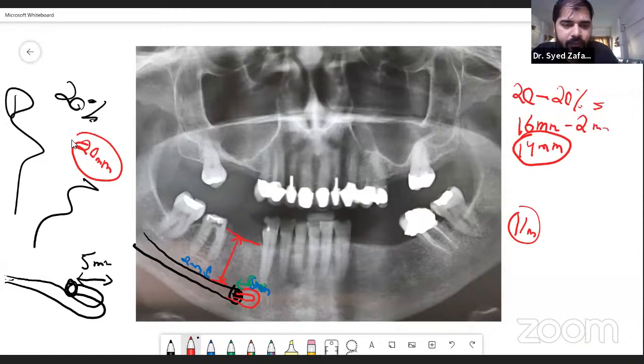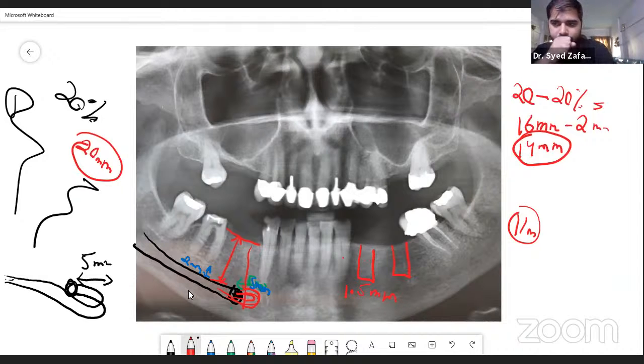Same goes over here. You will not go beyond this because the nerve will be passing through it. Okay, I am placing 2 implants over here. So for the implant ratio, the safe margin usually recommended is 1.5 mm.